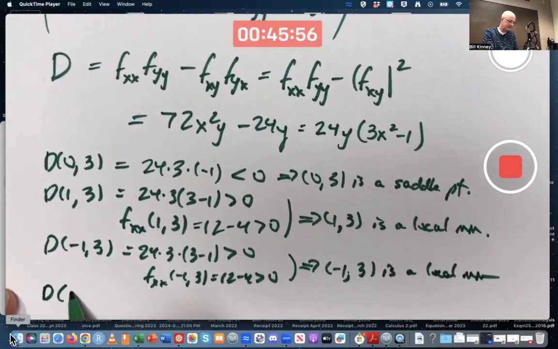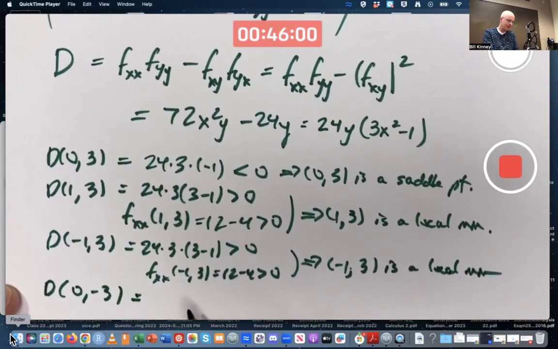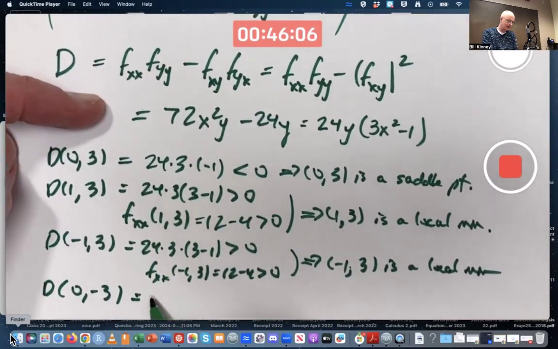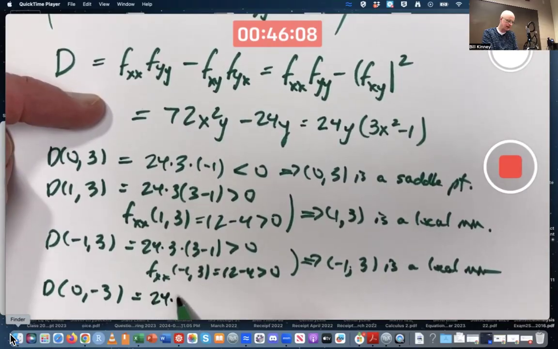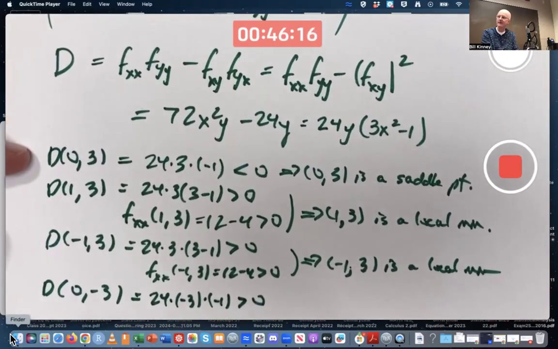We've got 3 more points. D of 0, negative 3. Plugging into D here: 24 times negative 3 times negative 1, positive. That's something different than happened with 0, positive 3.